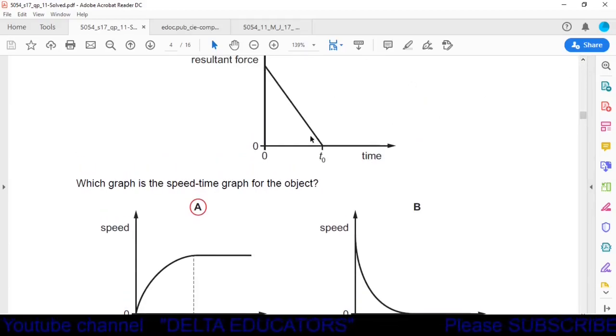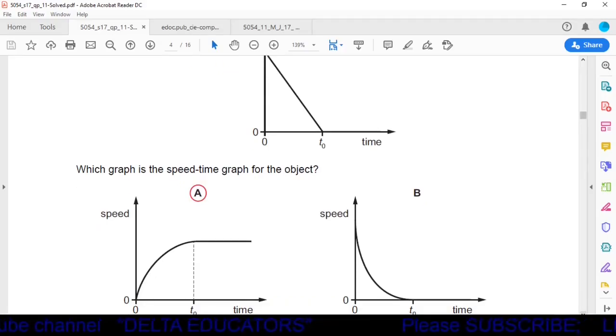At time t naught, acceleration is 0 because now the gradient is along the x-axis. At the point t naught and onward, acceleration is 0. So option A is the correct one.